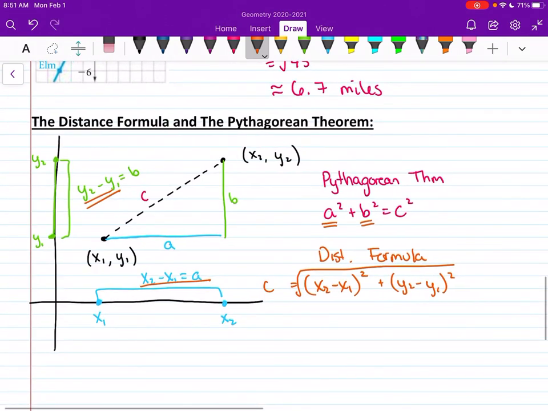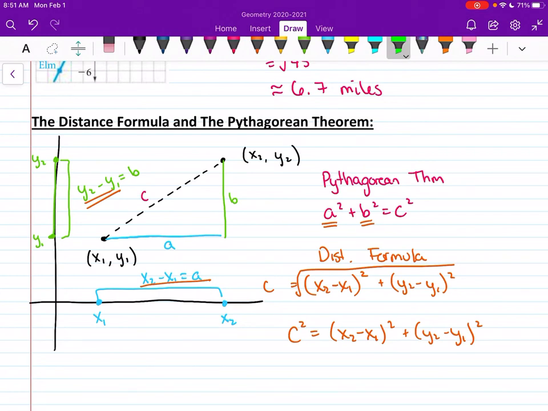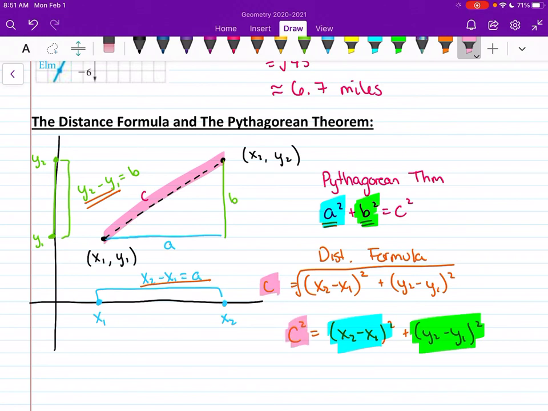But if I square both sides, now I get c squared equals x2 minus x1 quantity squared plus y2 minus y1 quantity squared, which is the same thing, right? Because b is the difference in y's, a is the difference in x's, and c is the distance between the two.